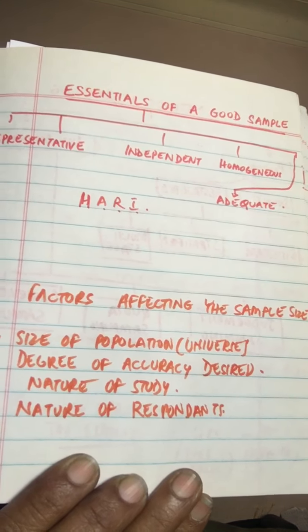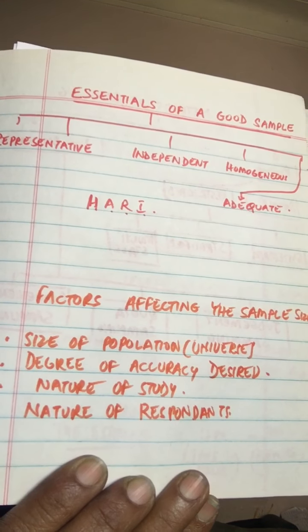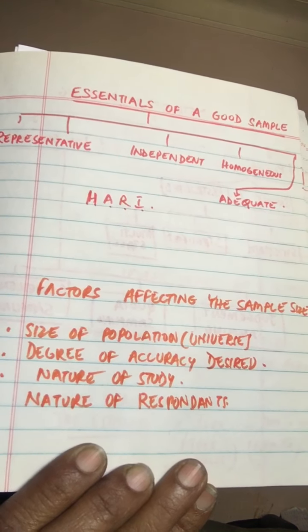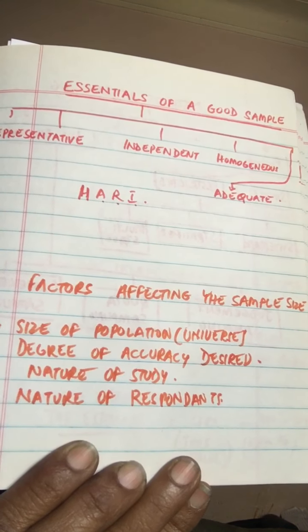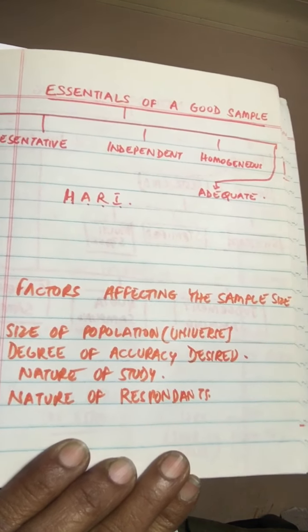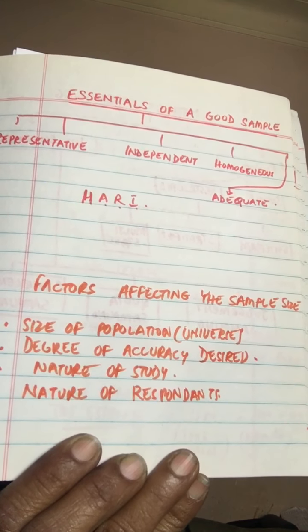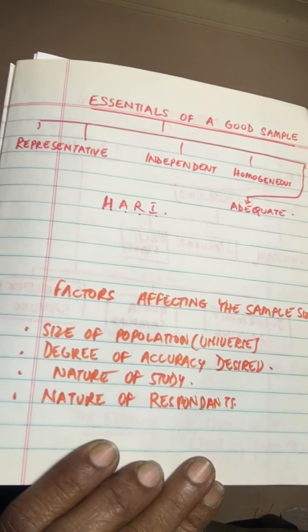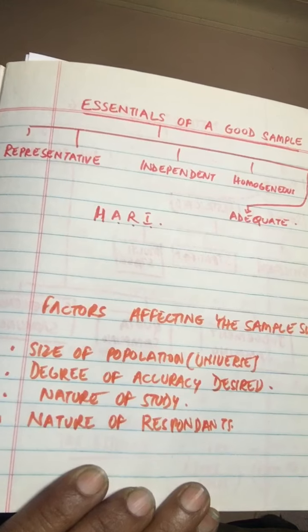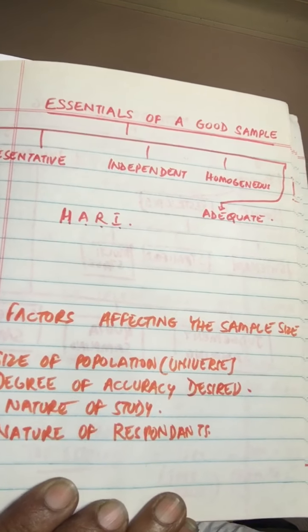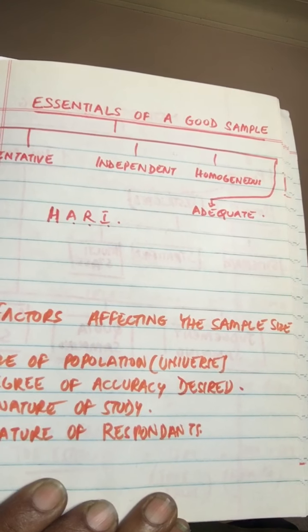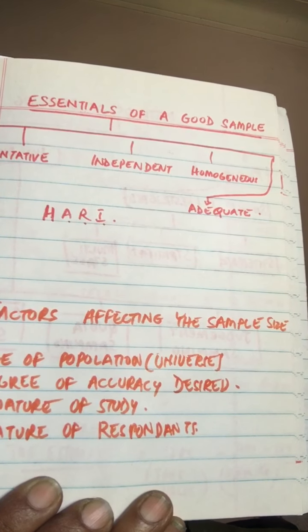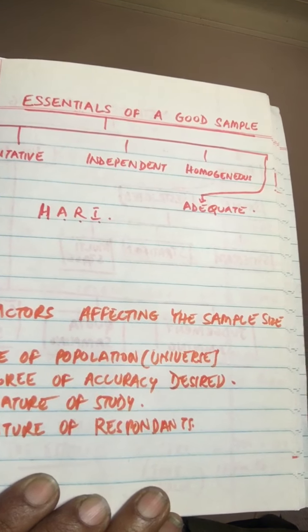Next, what type of accuracy are you looking for? If your study has to be more accurate, then make sure you take a larger number of sample units. Then, what is the nature of your study?